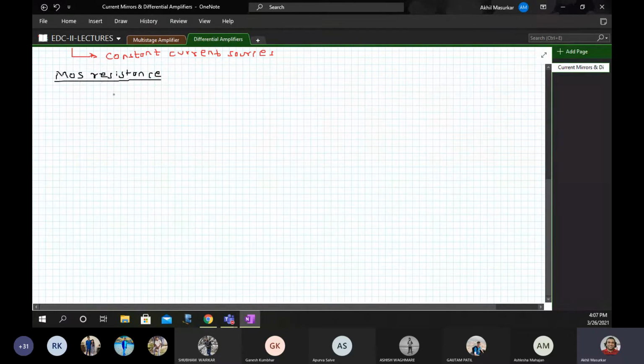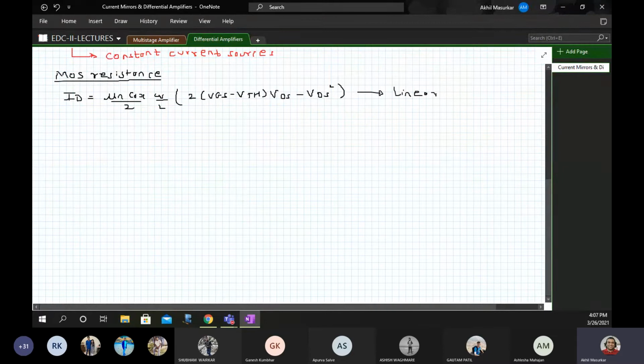Okay. So we know that in the linear region, ID is equal to mu n COX by 2 W by L into 2 times (VGS minus VTH) into VDS minus VDS the whole square. Now which region of operation is this? Linear.